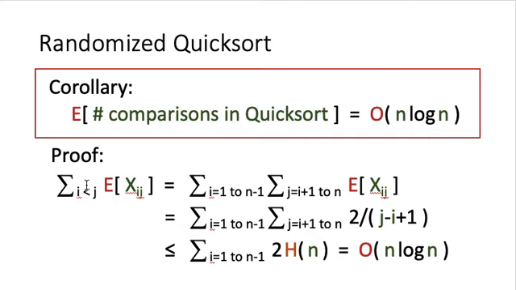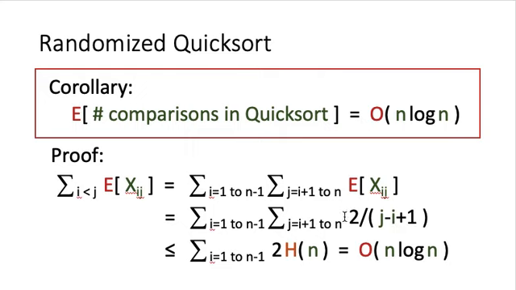So the summation over i less than j of E of X_ij is the expected total number of comparisons. To be more specific, we are ranging i from 1 up to n minus 1, and then ranging j from i plus 1 up to n. And then we find the expected value of X_ij. We now replace it by the formula we have just computed, which is 2 over j minus i plus 1.